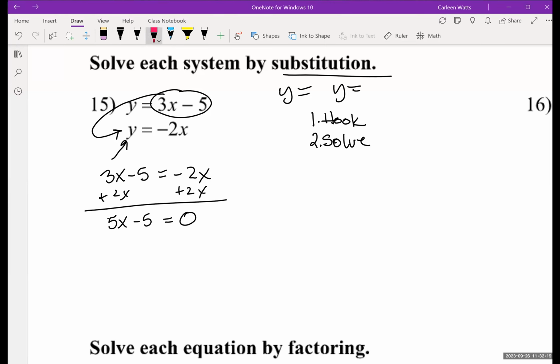Okay, add 5 to both sides. 5x is equal to 5. Divide by 5. X equals 1.